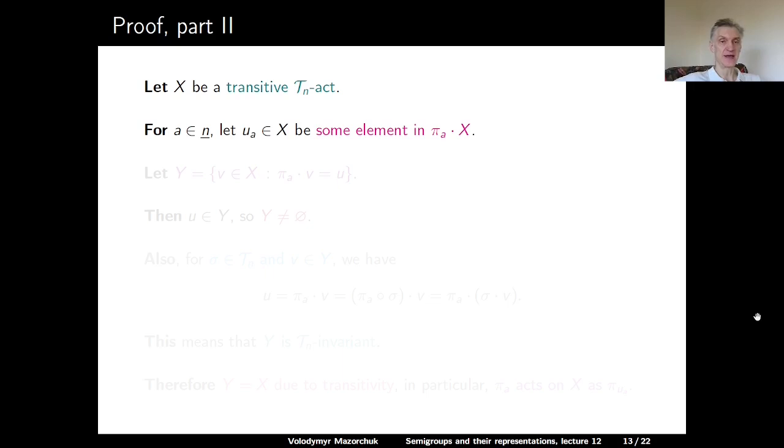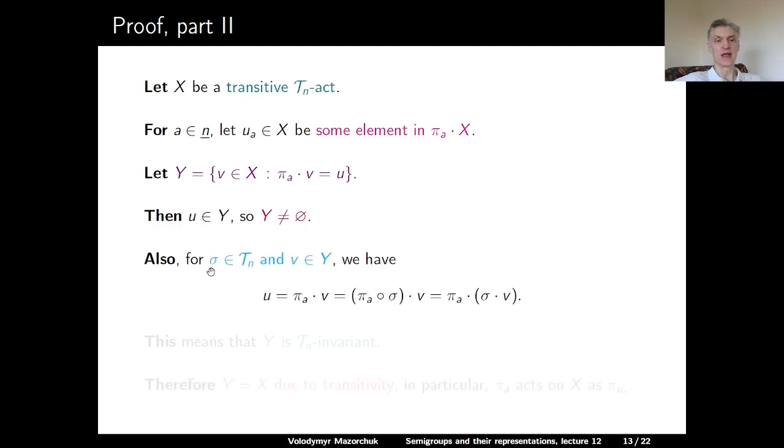For an element A in n underlined, let U sub A be an element in X, which is some element in the image of pi A acted on X. And let Y be the set of all elements V in X such that pi A applied to V is equal to our UA. Then UA belongs to Y, so Y is a non-empty set.